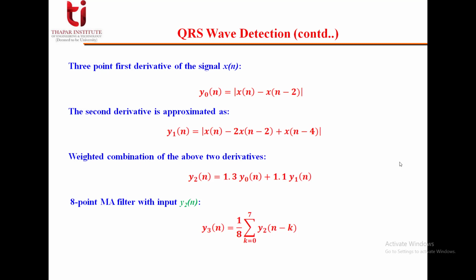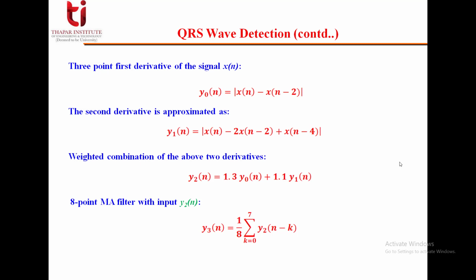If you remember, in the derivative approach we studied the 3-point central difference method, so it is a kind of that, and we are taking the magnitude. Basically, for the purpose of presentation, the absolute value is taken, because if we don't take the absolute value, we have to use two thresholds, one above 0 and another below 0. To make it simple, we are taking the absolute value.